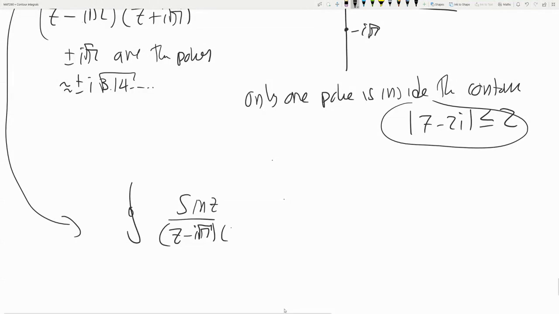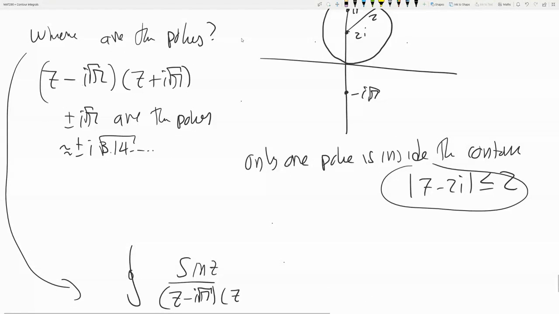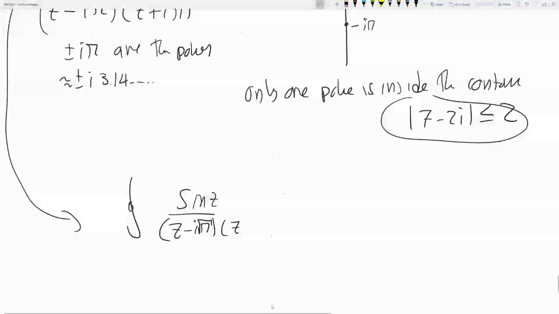Yeah, so we have this, and then, wait, was it pi squared? Sorry, there is no square. I'm sorry. I confused myself. I apologize. Okay, so i pi and plus i pi. All right, and the contour.